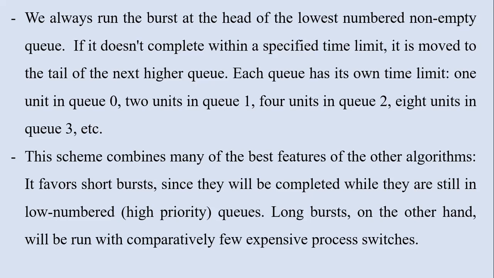This scheme combines many of the best features of the other algorithms. It favors short jobs since they will be completed while they are still in low-numbered, high-priority queues. Long bursts, on the other hand, will be run with comparatively few expensive process switches.